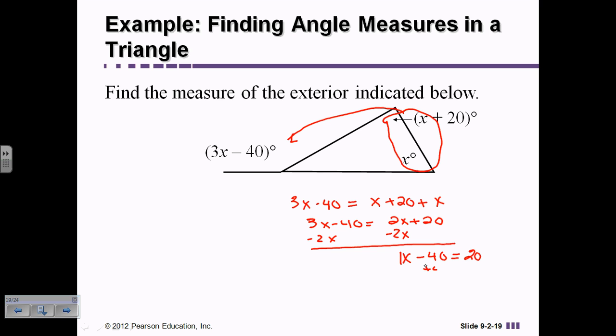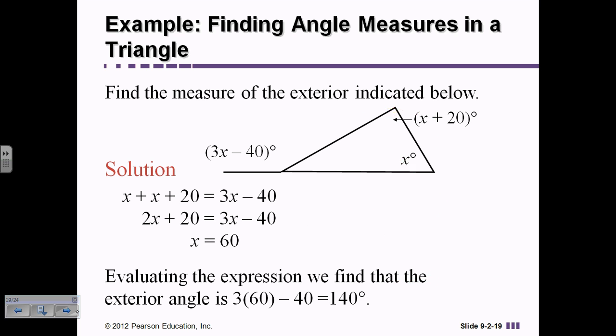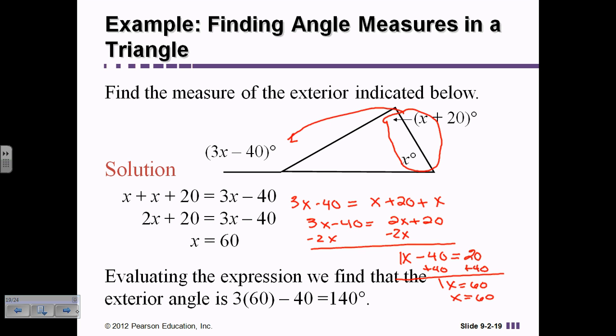I'm going to add 40 to both sides. So I get 1x equals 60. And technically I'm going to divide by 1, so x equals 60. So again, take that information and substitute it into the problem, and you can find the measure of the exterior angle is going to be 140 degrees.